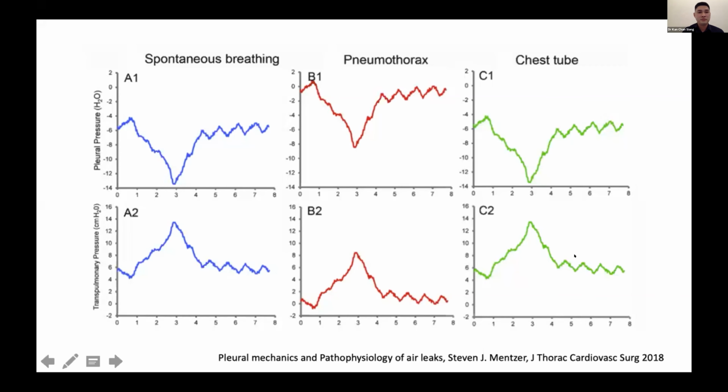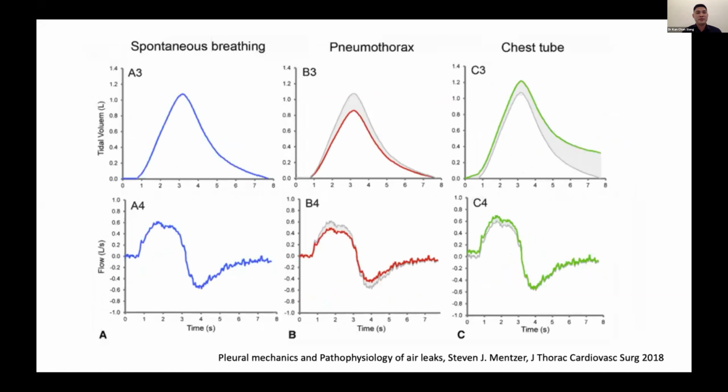Okay, this is a diagram showing how tidal volume and airflow change between inspiration and expiration. In spontaneous breathing, this is the shape of the tidal volume and the airflow into the thoracic cavity. With the presence of an undrained pneumothorax, definitely you have lower transpulmonary pressure, and therefore lower airflow into the thoracic cavity and lower tidal volumes of the lung.